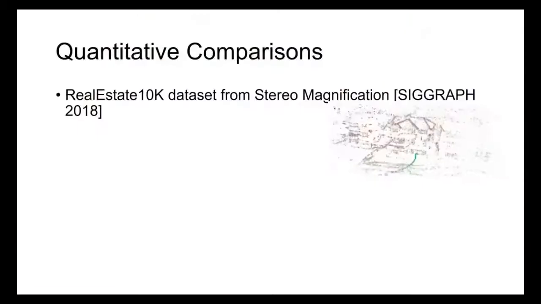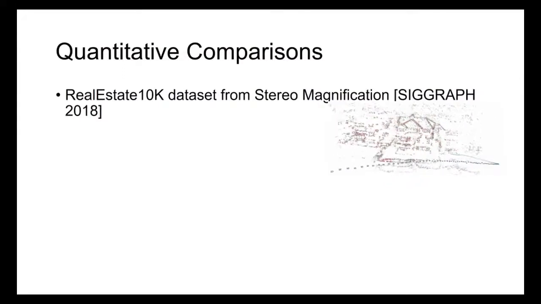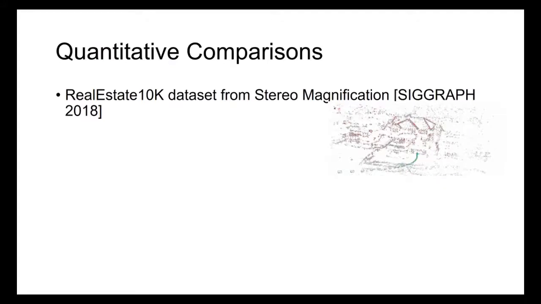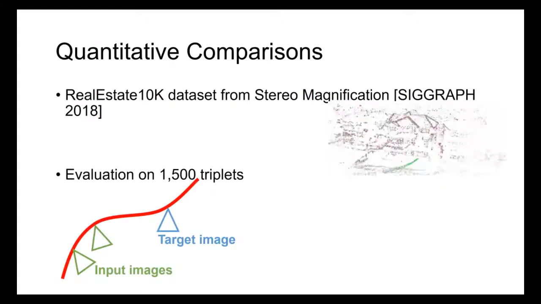All right. So we can also do quantitative comparison. We test this on the RealEstate10K from the stereo magnification paper. The way that we can evaluate this is the following.